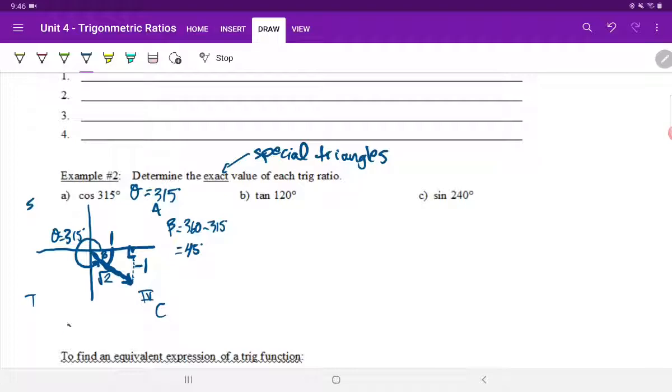So now when I find the cos of 315 degrees, I know that it's equal to the adjacent divided by the hypotenuse, which is 1 over square root 2. And do a check for me.